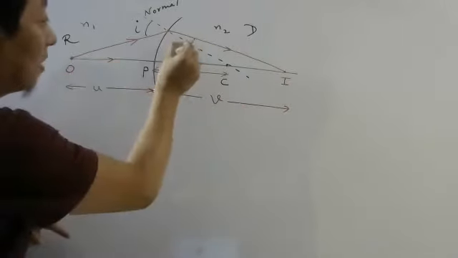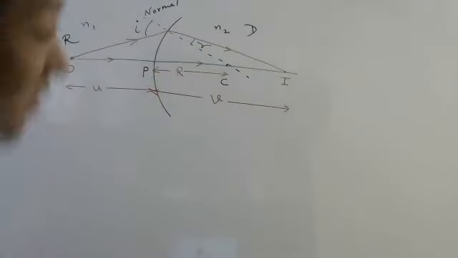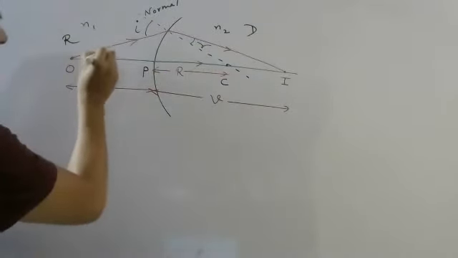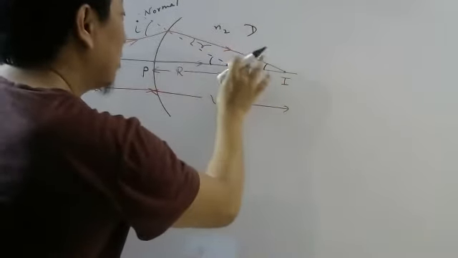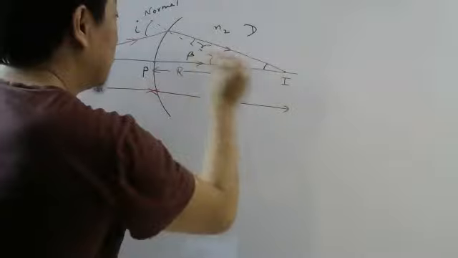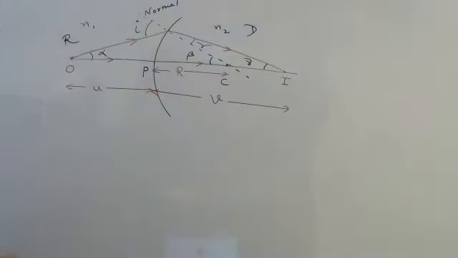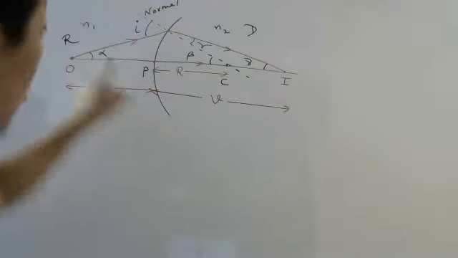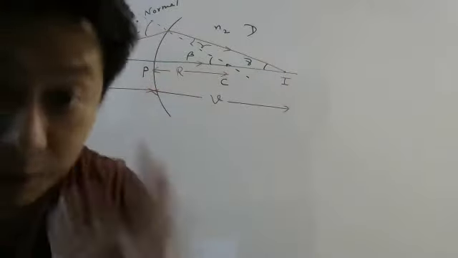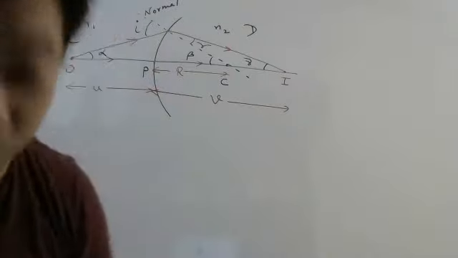So this is the angle of refraction. Correct. Then we will call these angles alpha, beta, gamma. Doesn't matter, that is up to your wish. You can call any three angles alpha, beta, gamma. So these three angles are quite important in order to derive the formula.